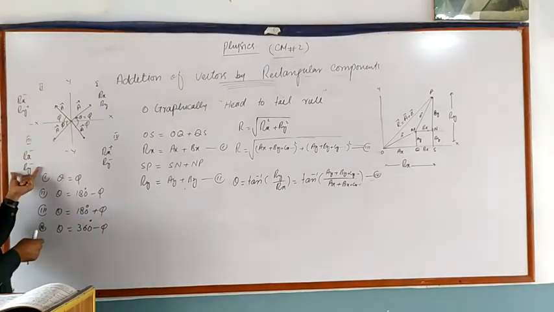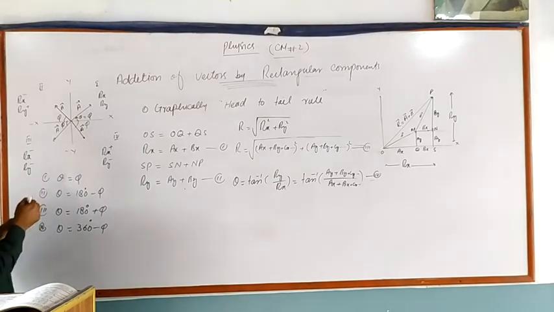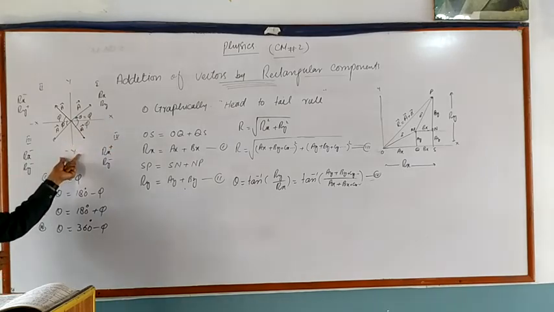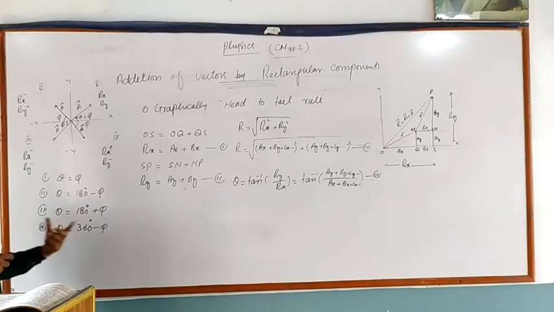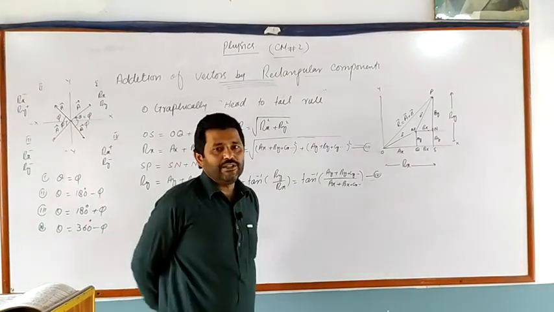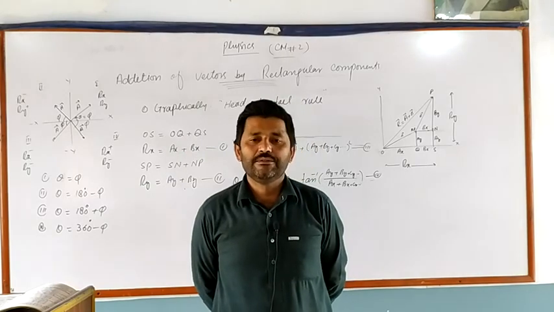When both components of a vector have negative values, then the direction will be 180 degree plus phi. When vector A lies in the fourth quadrant, its x component is positive and its y component is negative, and the direction will be calculated by the formula theta is equal to 360 degree minus phi.